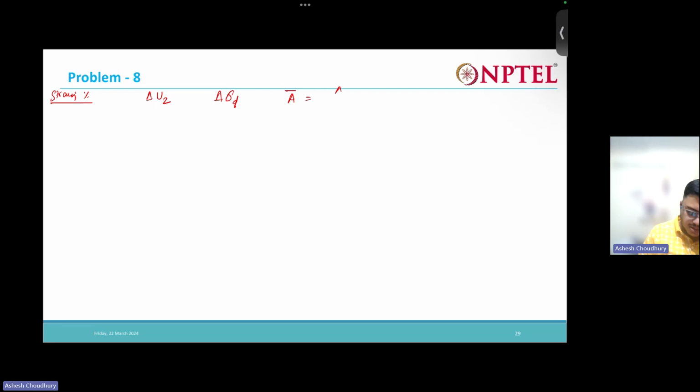A bar is what? Delta U2 by delta sigma D. Okay, and then we can have A. A is what? A bar by B, because A bar is A into B. A bar by B is equal to A bar by 0.625, right? We can find A from here.